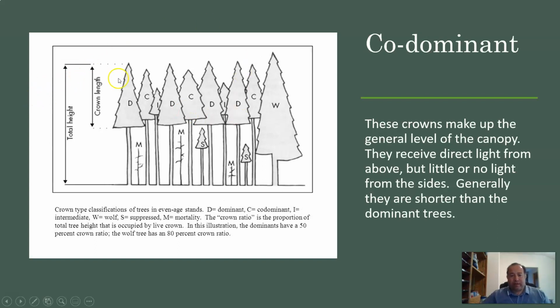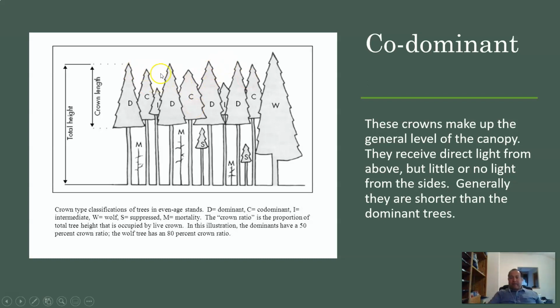Now, codominant trees, these are the ones labeled C on this graph, they usually make up the general level of the canopy. So you can see these ones right here, that's where if there was hundreds of these trees, there'd be a lot more C's than there are D's. The dominant ones, you'll get a few poking up above the general level of the canopy.